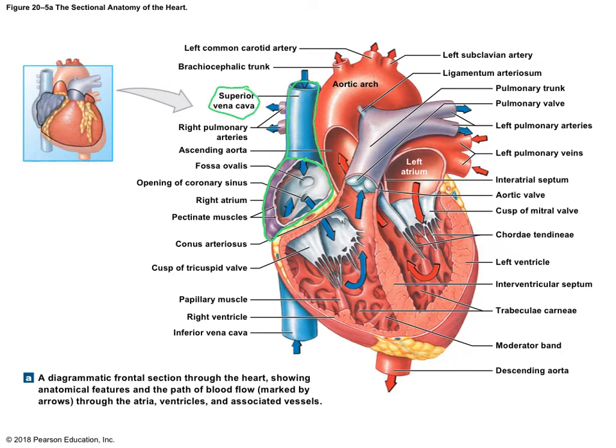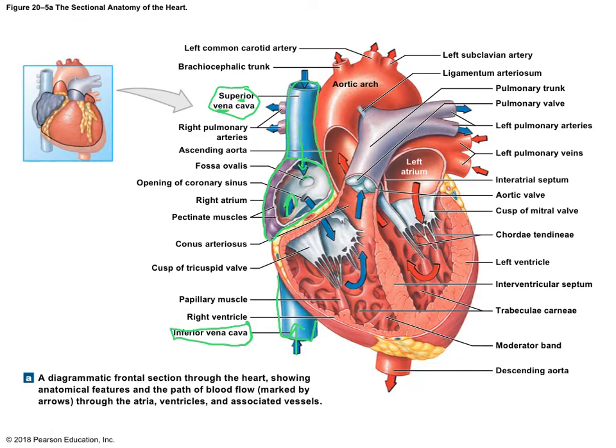Vena means vein. Superior, it's on top. It's a very large vein, and it's draining blood into that right atrium. Then on the bottom here, we see the inferior vena cava, and the inferior vena cava is draining blood into that right atrium as well. So you're going to see some big openings there where the vena cava are draining into that right atrium.